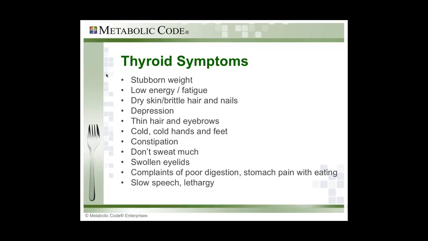And of course, the number one thing that tells me something must be going on with thyroid, whether it's directly thyroid or thyroid being affected by something else, is that stubborn weight that is just so hard to get off, anything past maybe 4 or 5 pounds, and even when people exercise.